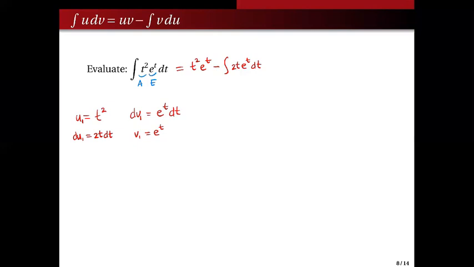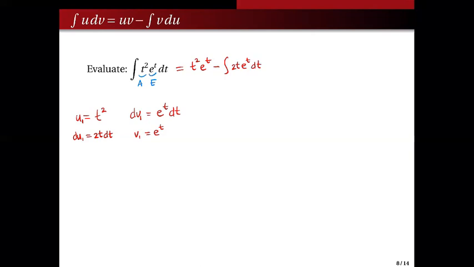So if you try to integrate this again using integration by parts, possibly the t will disappear, and you'll just have maybe the exponential function, because from here, I still have the e to the t.